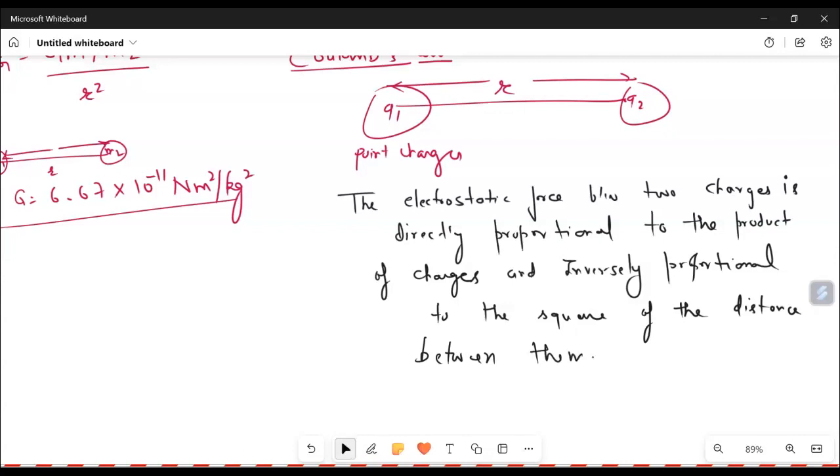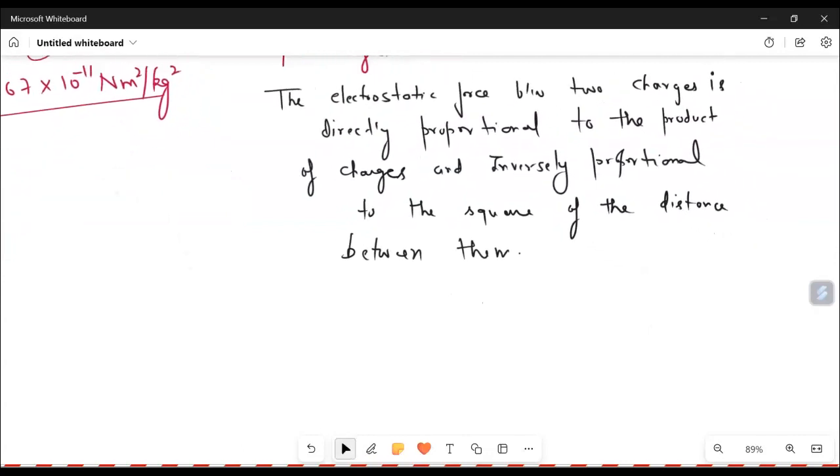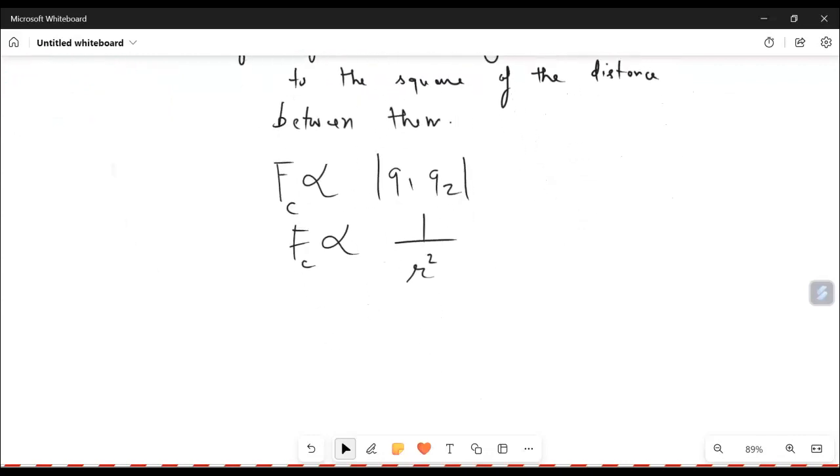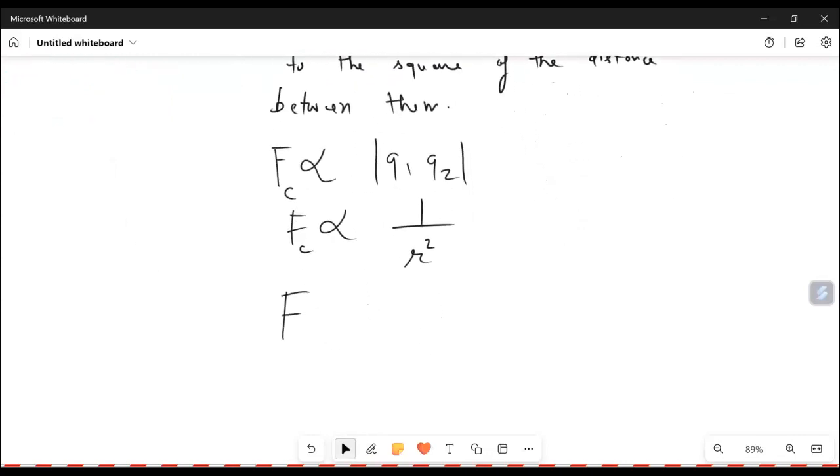Okay. Mathematically, we can write this law as F is directly proportional to the magnitude of q1 q2. F is inversely proportional to r square. By combining both the equations, we can write F is equal to, when the proportional sign is removed, the constant will come, K q1 q2 by r square.